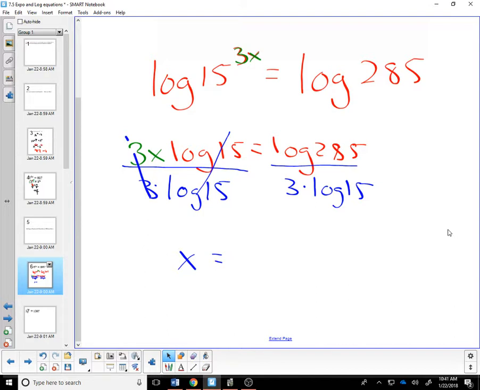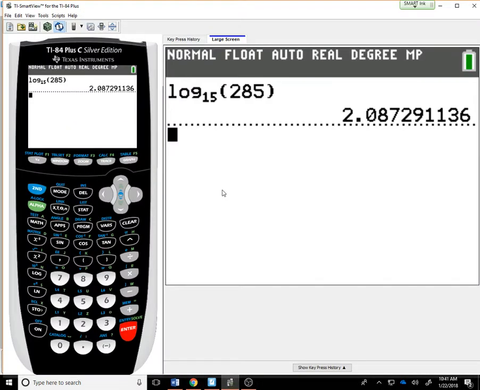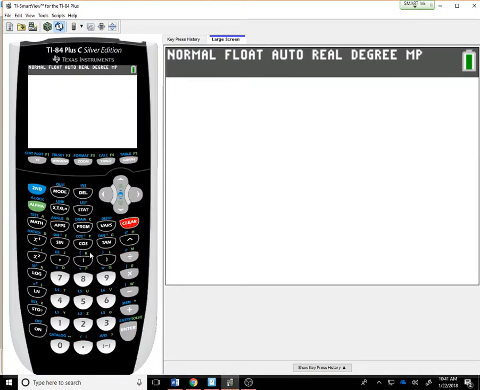Okay? So I'm going to go over to the calculator. Let's clear this. Now, I do want to make sure I keep my numerator together and my denominator together. I'm going to take the numerator in parentheses and divide it by the denominator in parentheses. Parentheses, my numerator was the log of 285, correct?